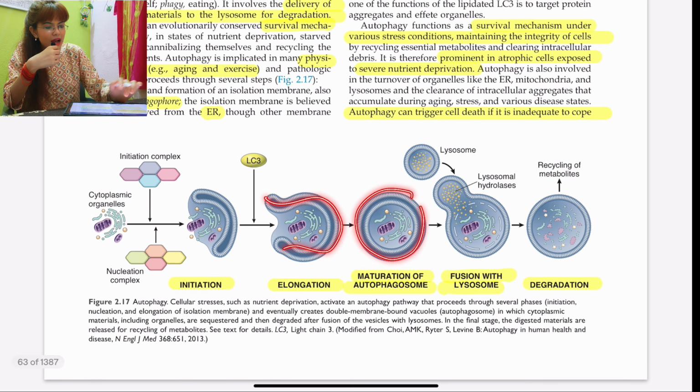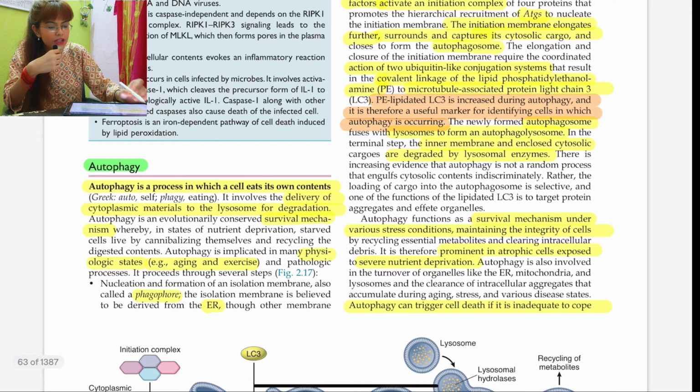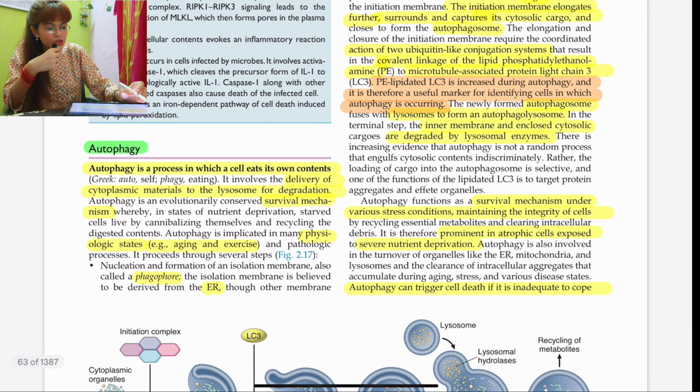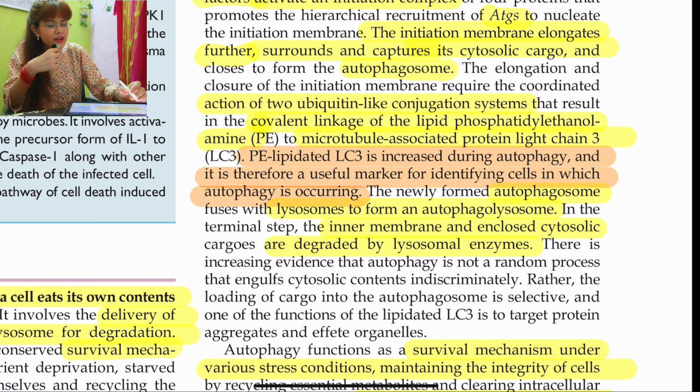And please understand another important point: this elongation and initiation membrane closure will require the coordinated action of two ubiquitin like conjugation systems, that is the linkage of the lipid phosphatidylethanolamine or PE to the microtubule associated protein light chain 3 or LC3. So there has to be an interaction between these two molecules, forming the PE lipidated LC3.